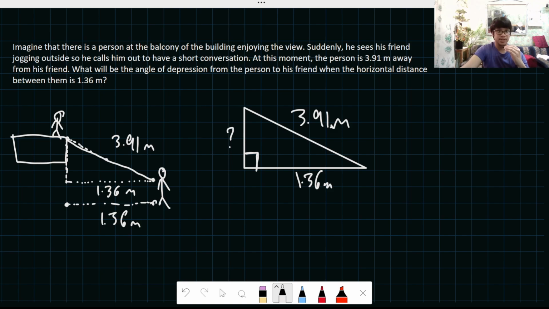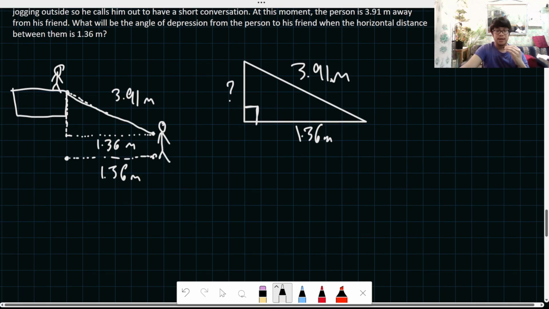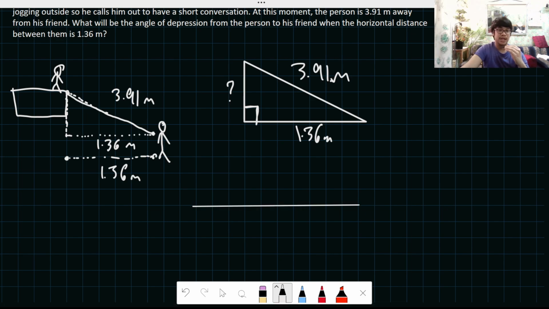So what is angle of depression? Remember that in a given horizontal line of sight, if we have an angle forming above the horizontal line of sight, from here going up, you form an angle. So this one is your angle of elevation.